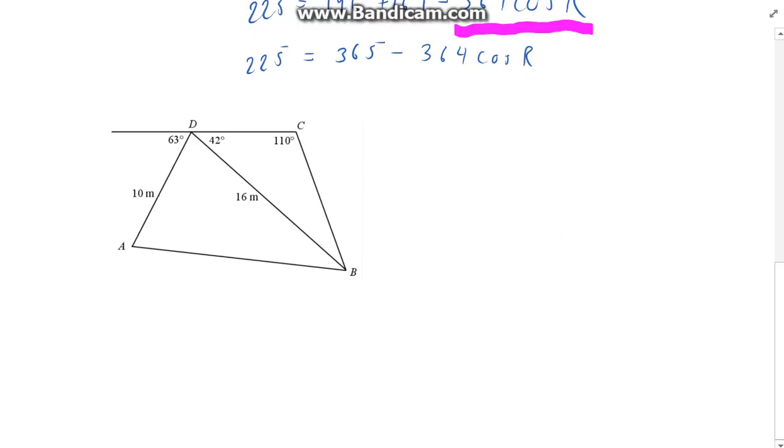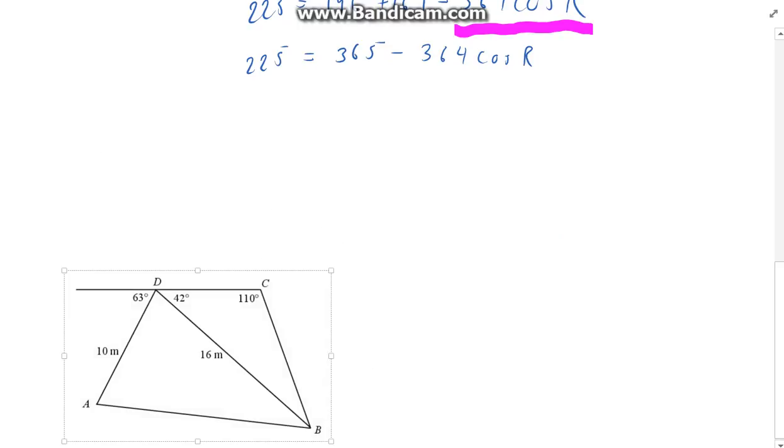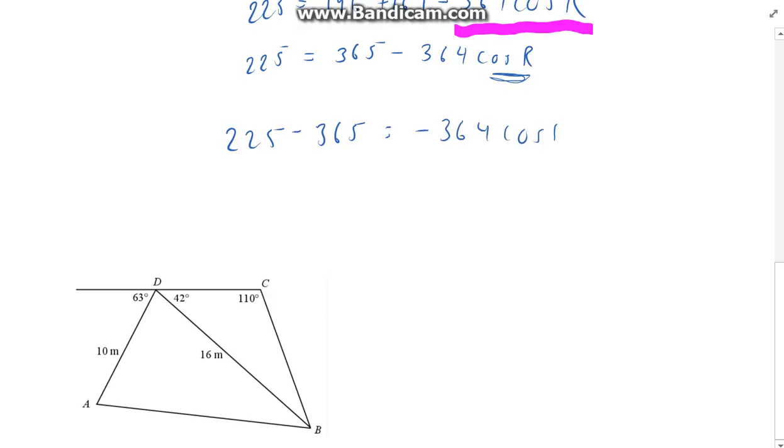Let's move this down. We're obviously trying to find the cosine r here because that's our unknown, so we'll try to get it on its own. So we'll have 225 minus 365 equals minus 364 cosine r.